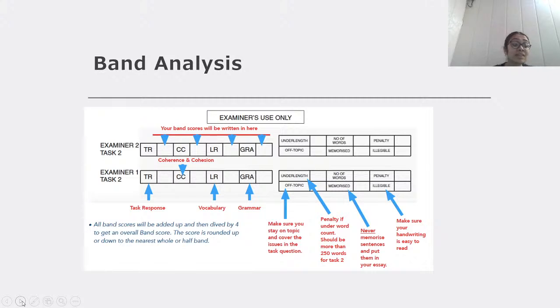Can you see that there's something very interesting written on the screen which talks about examiner 1, examiner 2, Task 2?